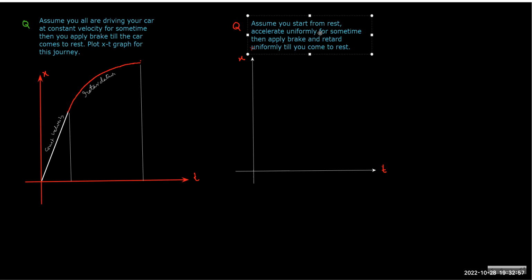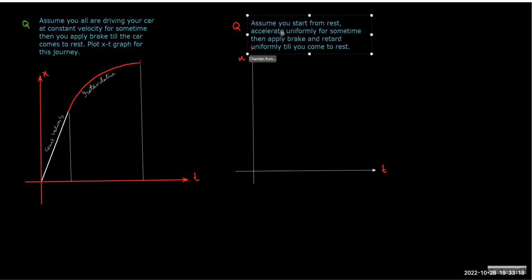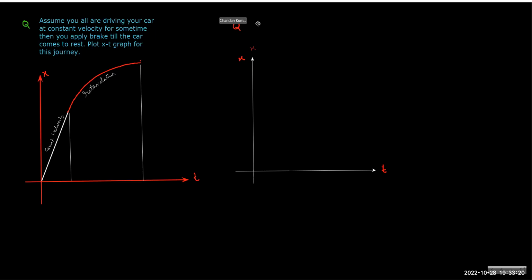So assume you start from rest, accelerate uniformly for some time, then you move with constant velocity for some time and then apply brake. Just a minute. Let me retype. Your graph is correct.